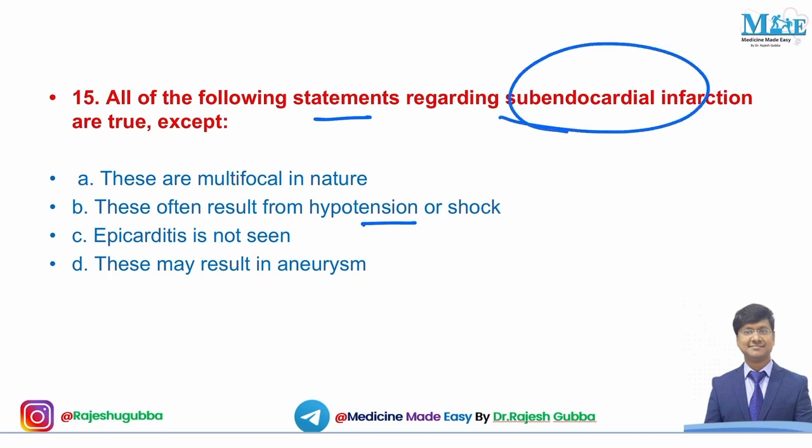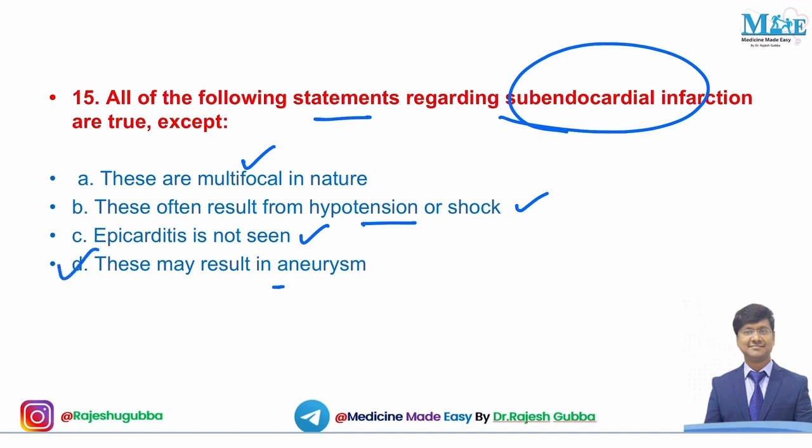Subendocardial infarctions often result from hypotension or shock, and they are multifocal in nature, occurring at multiple places. In subendocardial infarction, epicarditis is not seen, because it is the endocardium which is getting affected.